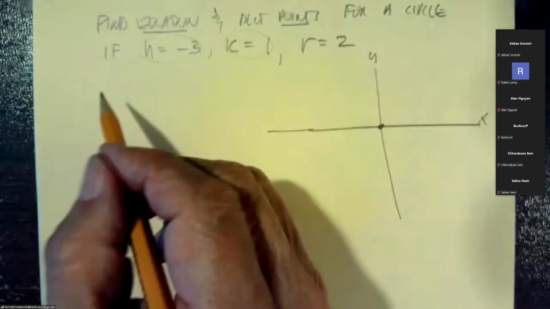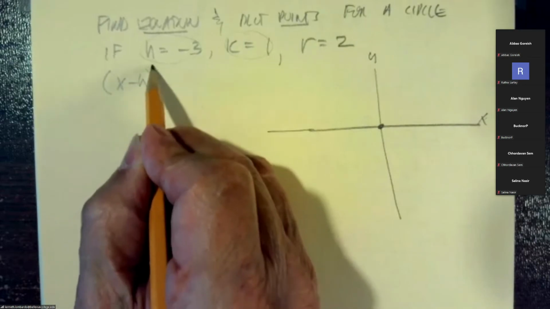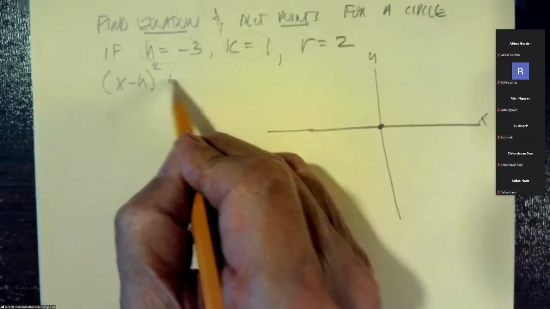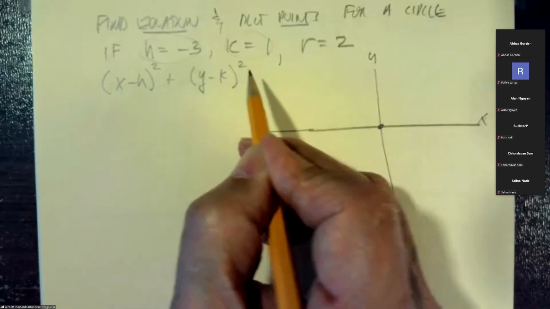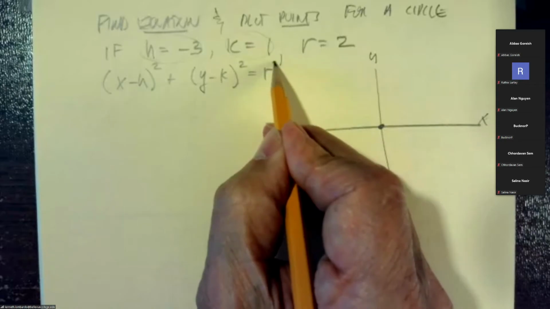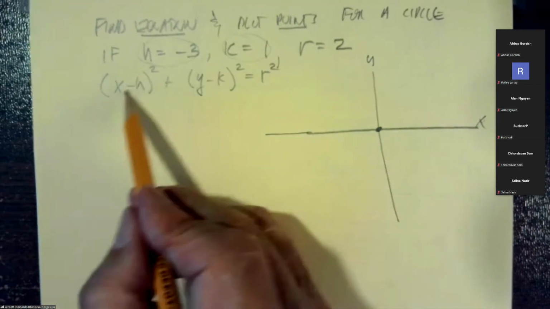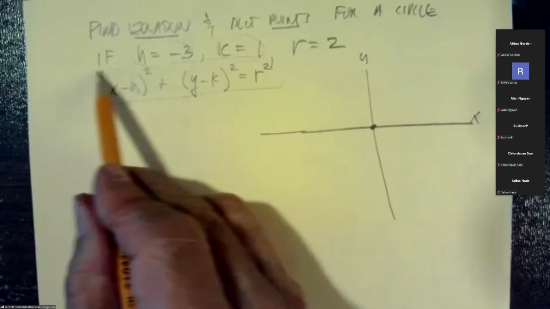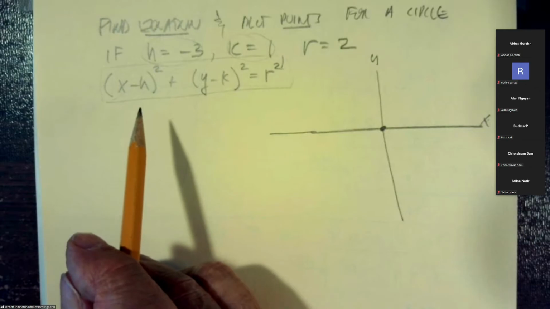So I'll rewrite the general form here: x minus h quantity squared plus y minus k quantity squared equals r squared. That's the general form of the equation, and we just have to substitute those values in.